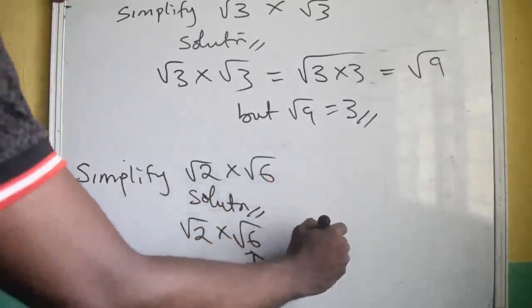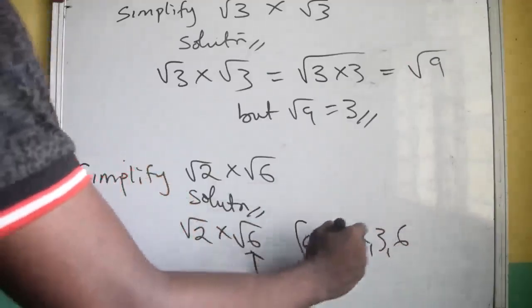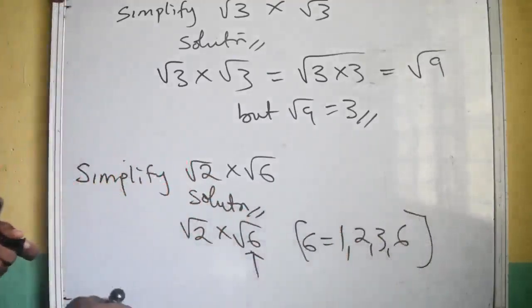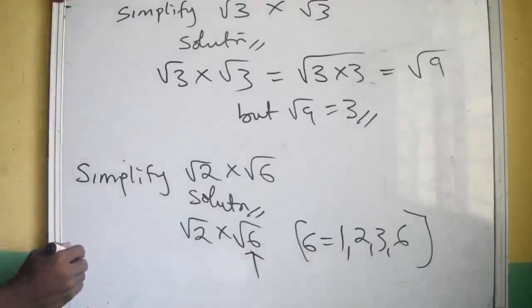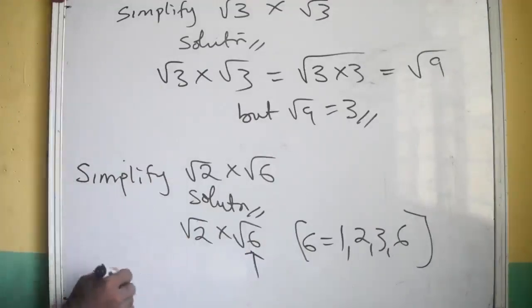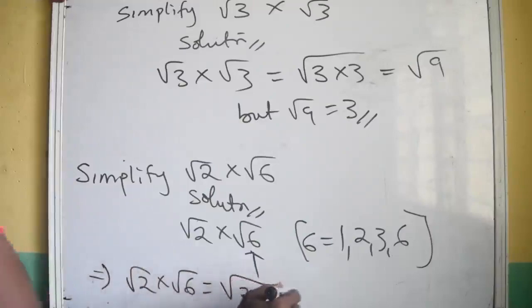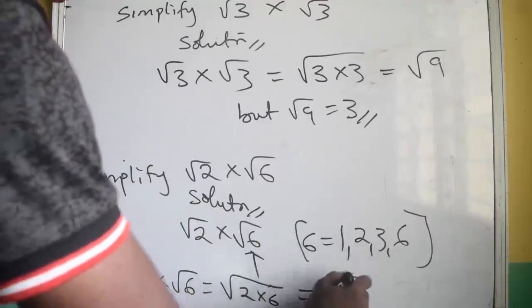If you write down the factors of 6, we have 1, 2, 3, and 6. These are the factors of 6, and in this list, there is no perfect square. So since there is no perfect square, you multiply accordingly. So root of 2 multiplied by root of 6 is equal to 2 times 6 all in square root. We have square root of 12.